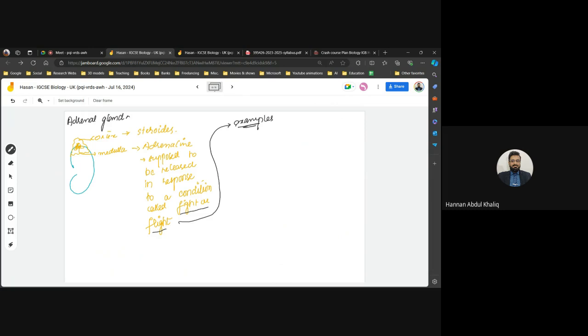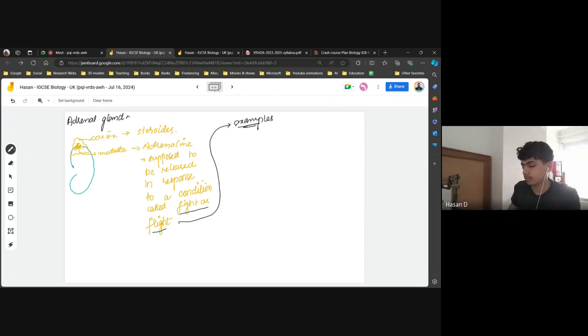What example do you have? What is actually the literal meaning of fight or flight? What do you think? Something like a reaction the body has when it's faced with danger, maybe.